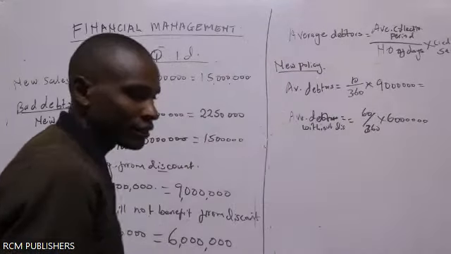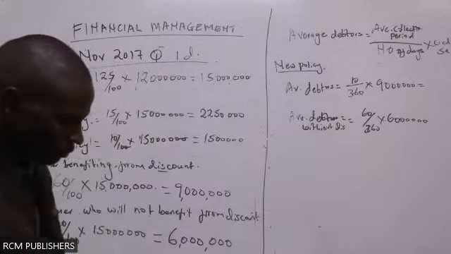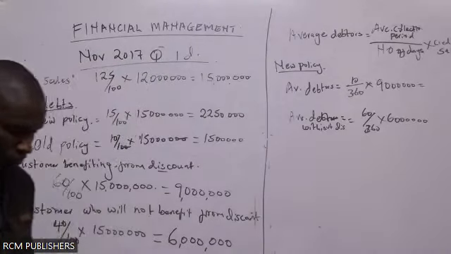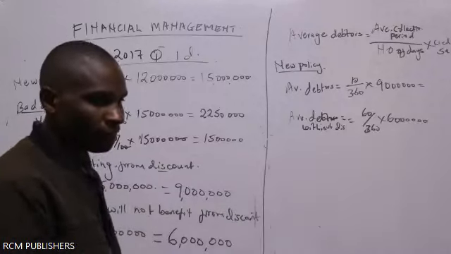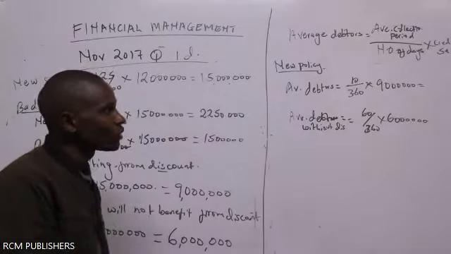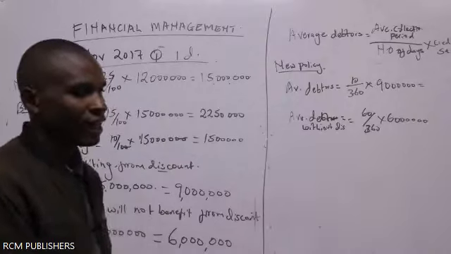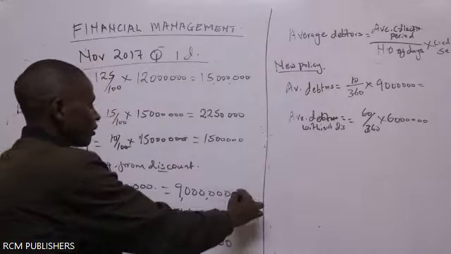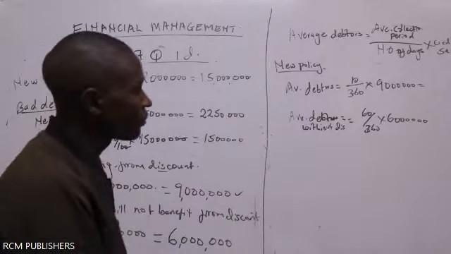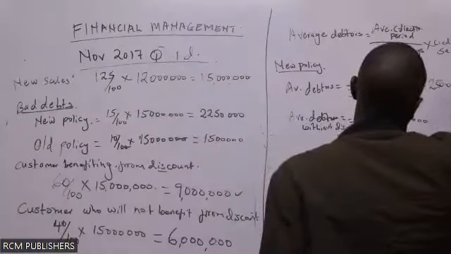What will the first average data be? 10 divided by 360, I multiply by my credit sales, 250,000.